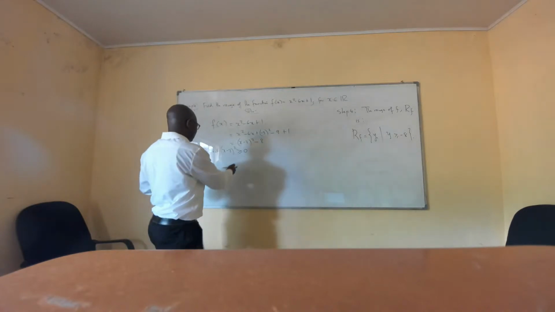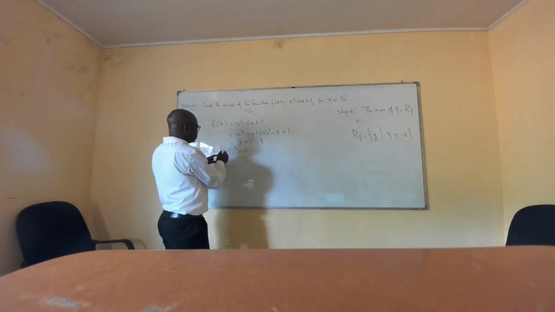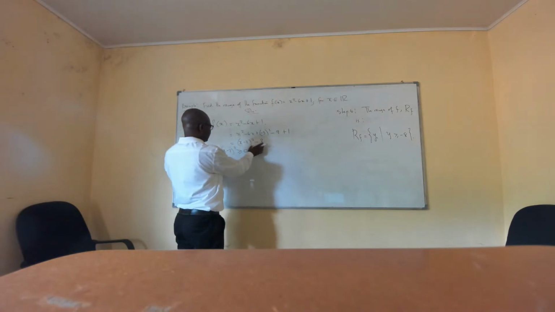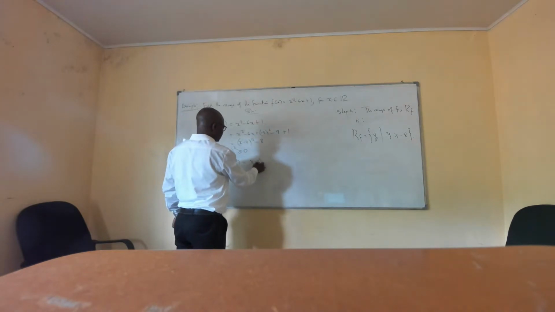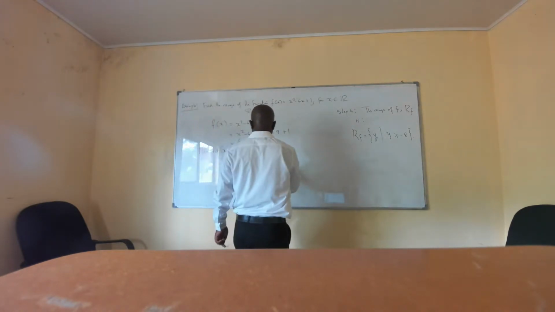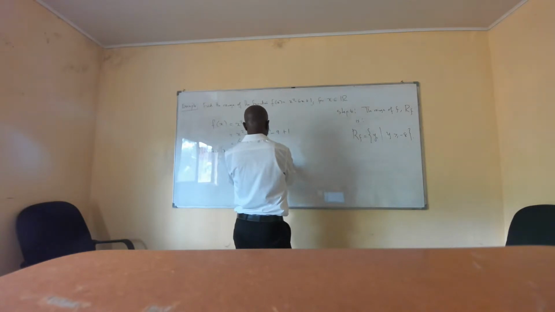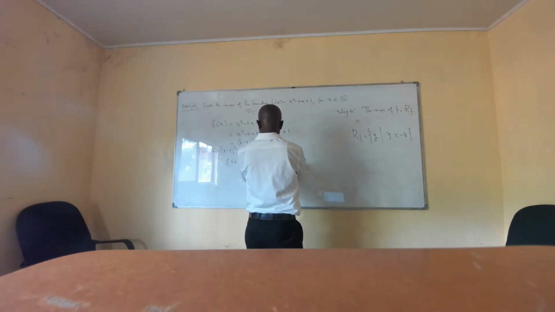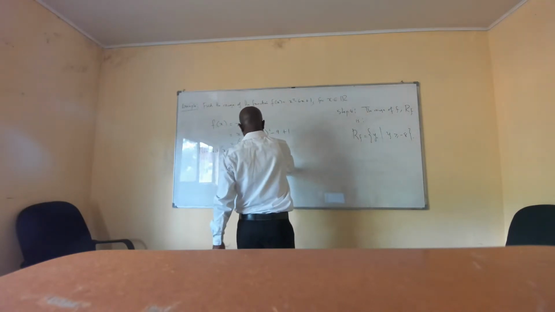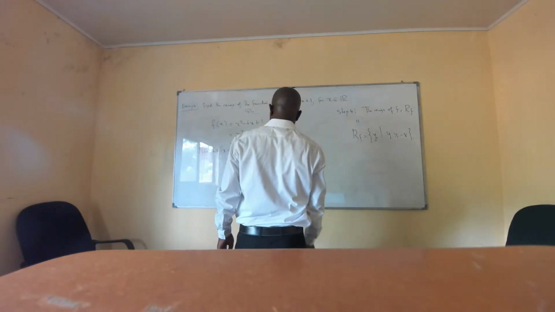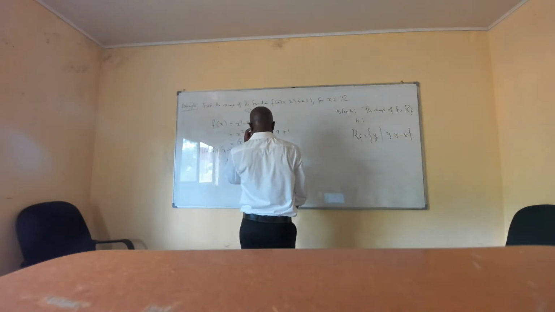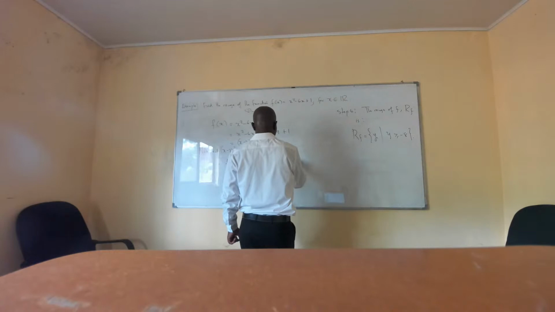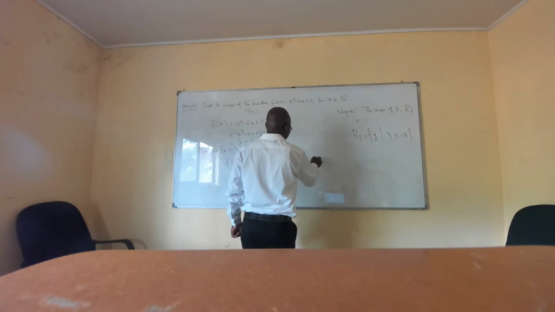Because of this fact, we can say f of x, which is x minus 3 squared minus 8, is always greater or equal to the minimum, which is minus 8.